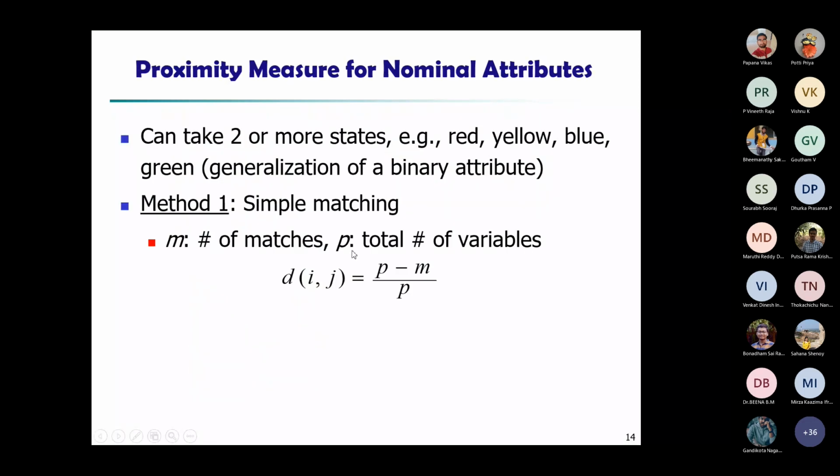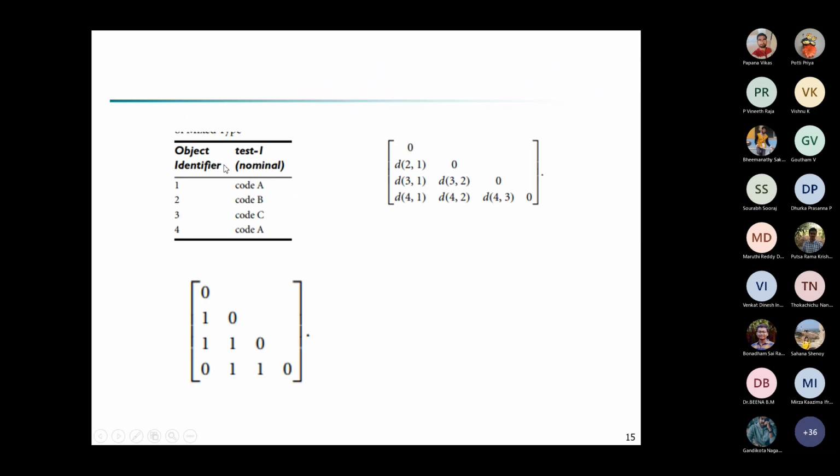The number of matches. So when I say 2 comma 1, how many matches does it have? 2 comma 1 means we are comparing the first two rows. We have only one attribute, which is test 1. Does it have any match here?